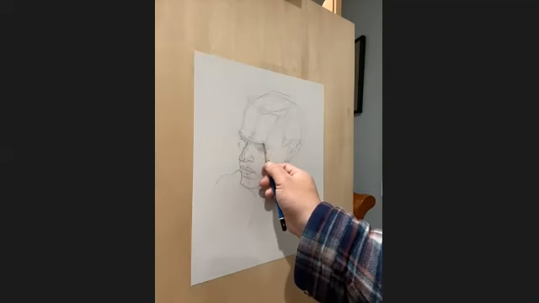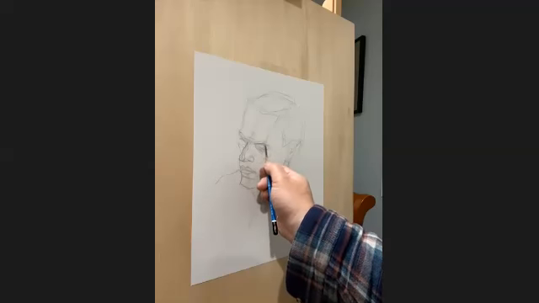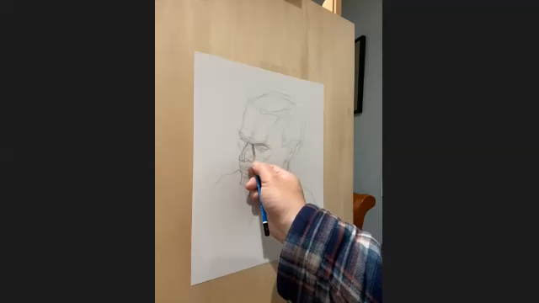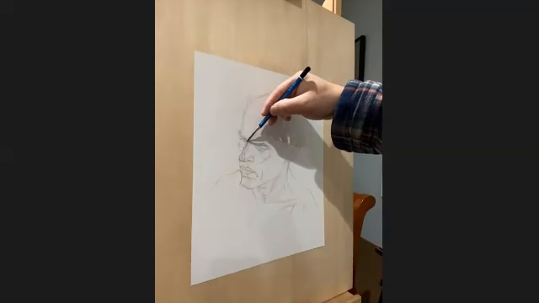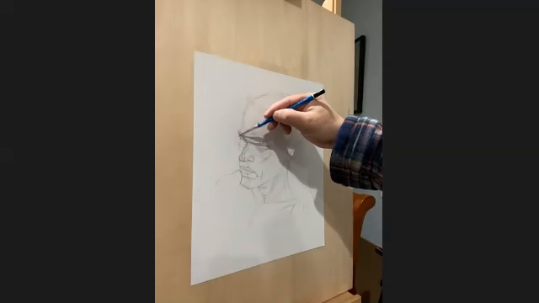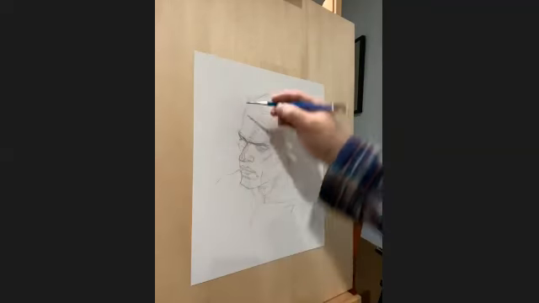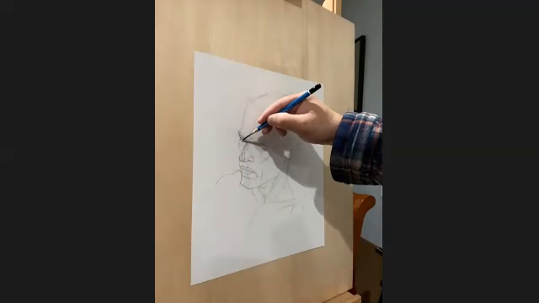Sometimes you can start from the eyes. In this situation, the eyeball and eyebrow are very close because of the perspective, and they overlap each other a little bit.